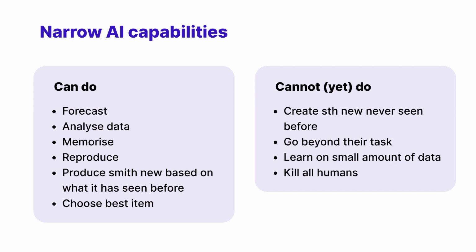Artificial intelligence is also not able to learn on a small amount of data. For example, if you want to train your algorithm to forecast stock prices, it's not possible to give just a few examples and train your algorithm on just a small data set. The results from this model will not be reliable.